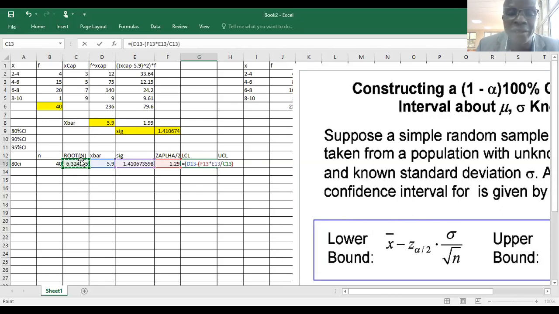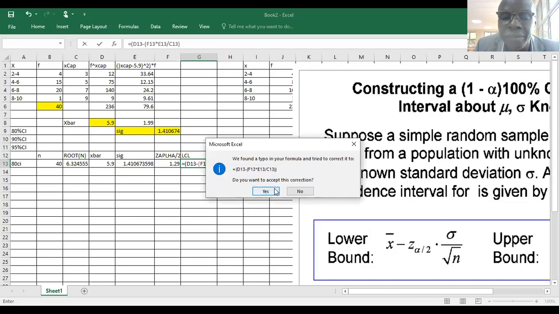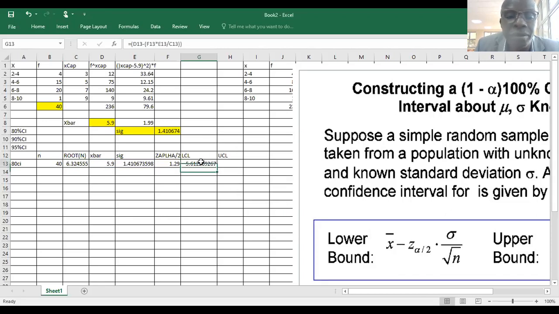And we are done. That's fine. So when we subtract, it is minus this, minus this. That's what I've calculated in Excel.